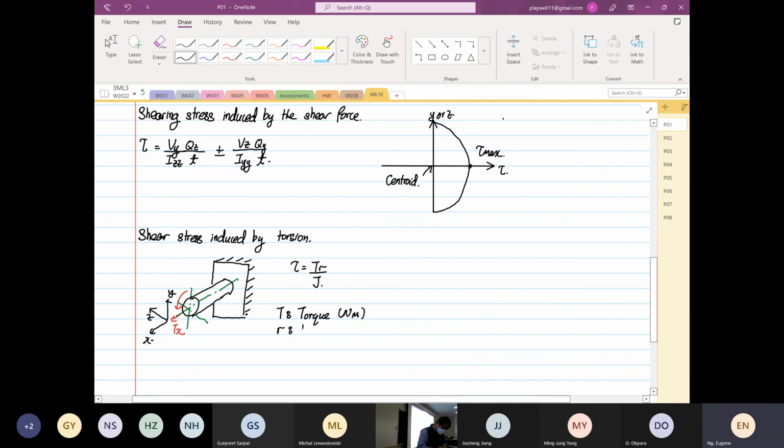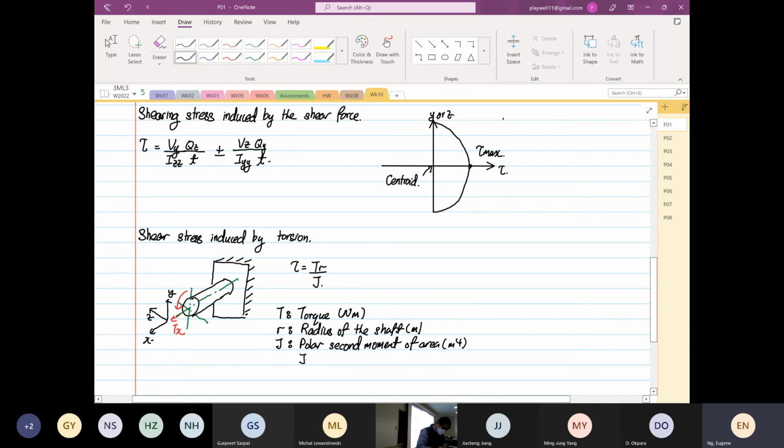R is the radius of the shaft, and J is the polar second moment of area, with units in meter to the 4.